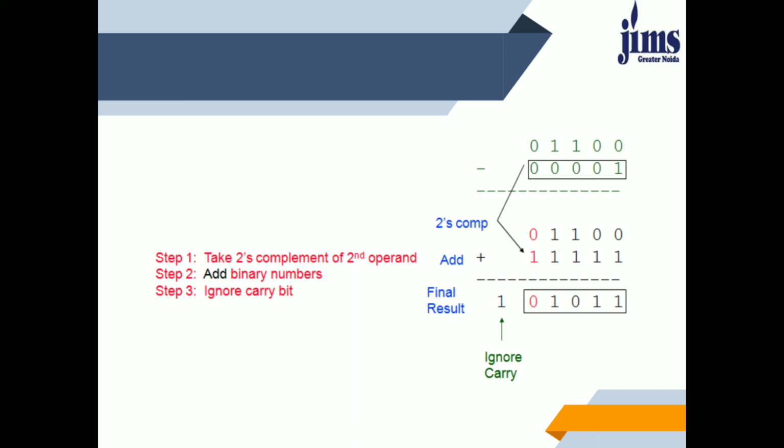Now, to take its 2's complement, we first write 1110, then we need to add 1 in the LSB, and all ones will become. Now, we will add these 2 numbers, minuend plus subtrahend. Carry is generated. If carry is generated, then ignore that carry, as we were ignoring in the addition. So, this is the way we can obtain the answer. See, 1011 is your answer.